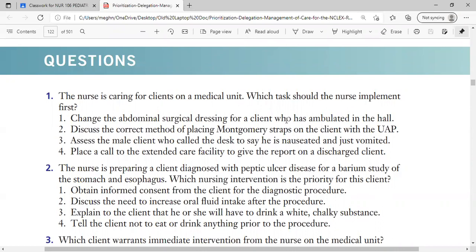This client should be seen in a timely manner, but not before the client who is vomiting, because vomiting can cause fluid loss, and fluid loss can lead to hypovolemia. Hypovolemia leads to shock, hypovolemic shock. So number three is our choice.